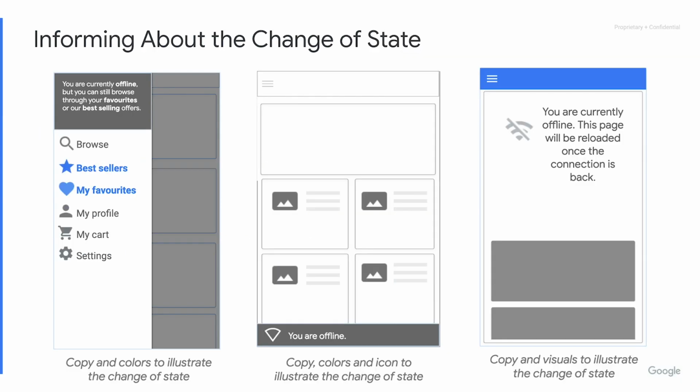The best practice here is to use at least two out of three signifiers to avoid user confusion. For example, when using just colors, graying out certain areas of the website can be interpreted not only as an offline state, but also as some of the items being out of stock. So just to make things clear, also use copy to inform the user.